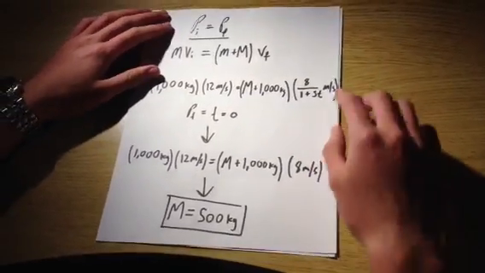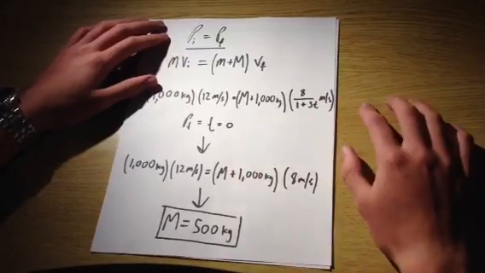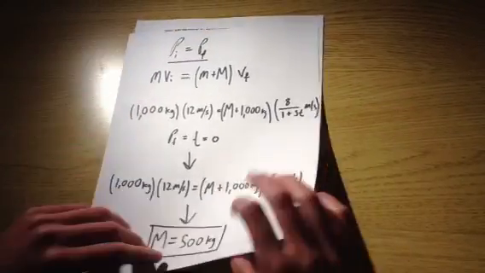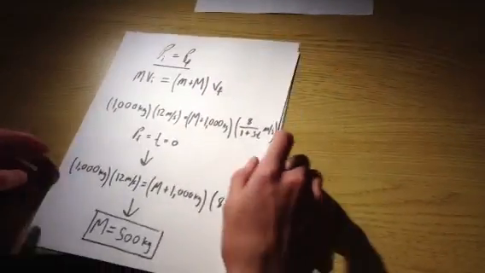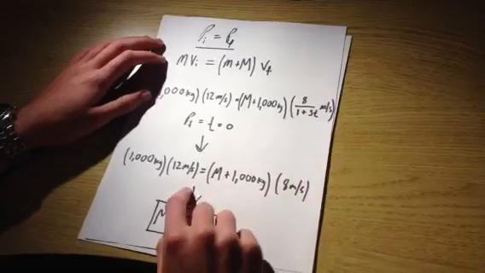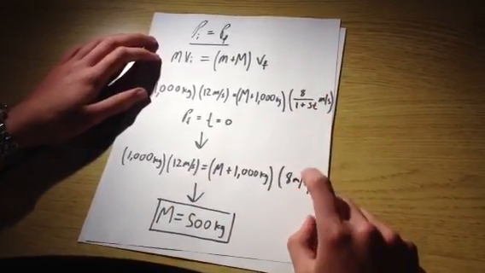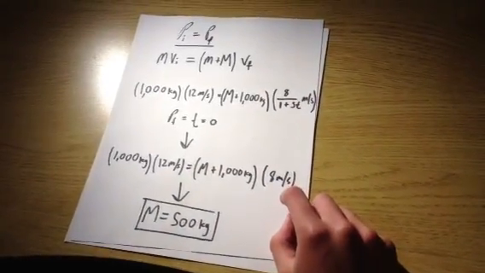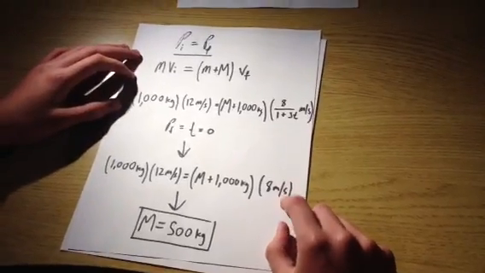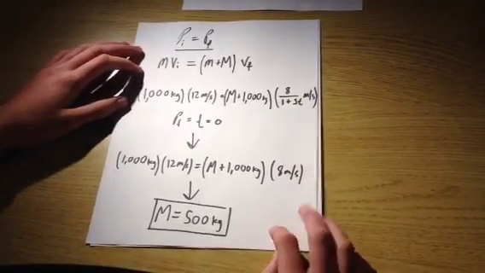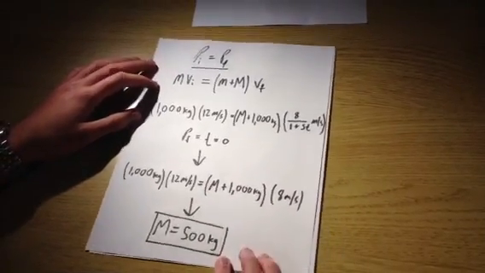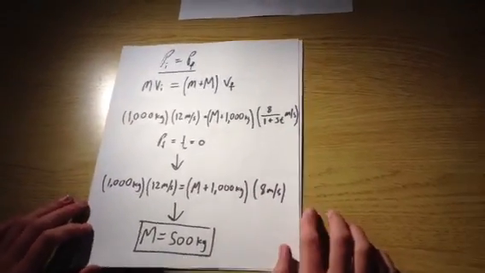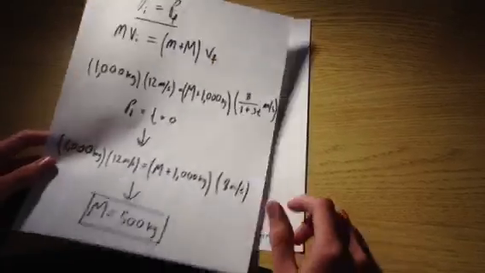And you put in time equals 0, because that's when the initial collision happened. So we just plug that in, and we get that the final velocity was 8 meters per second. And we rearrange the equation, and we end up getting that the mass m of the object is 500 kilograms.